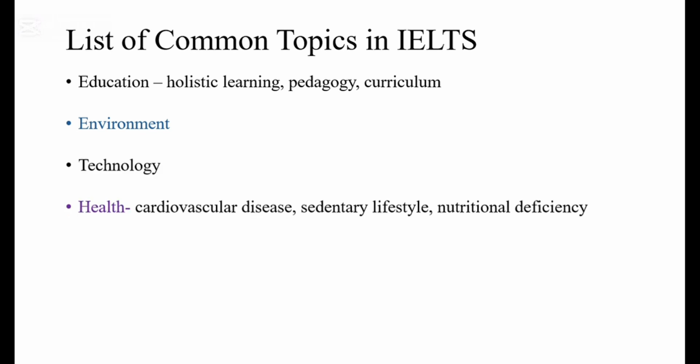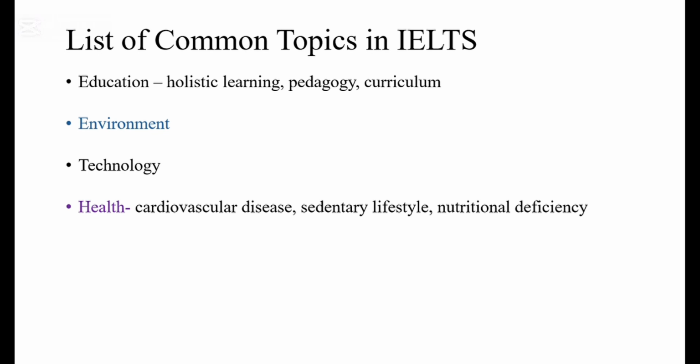So what are the specific words, or the list of words, that you need to know about a particular topic? Like if you are being provided with a health related topic, maybe you can use the words related to cardiovascular disease, sedentary lifestyle and nutritional deficiency.